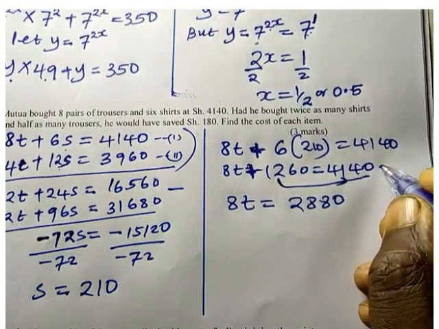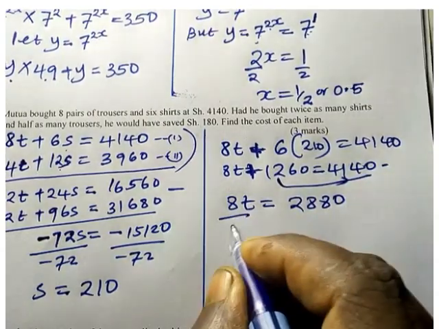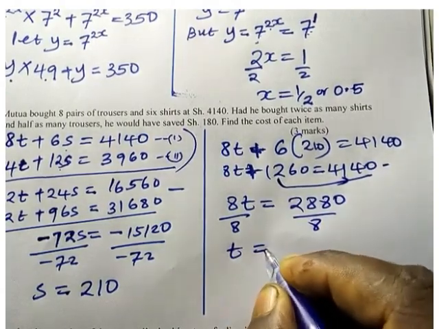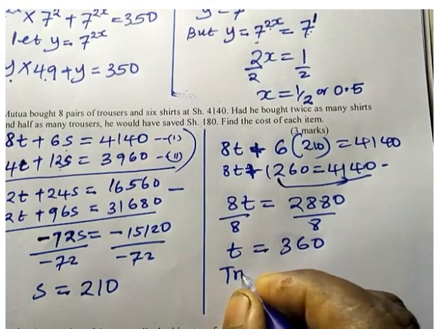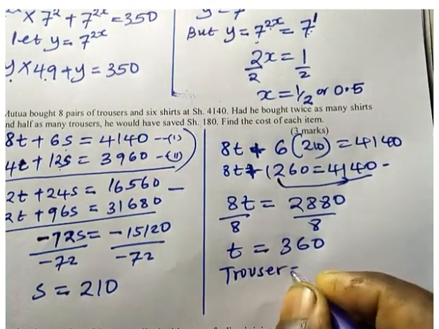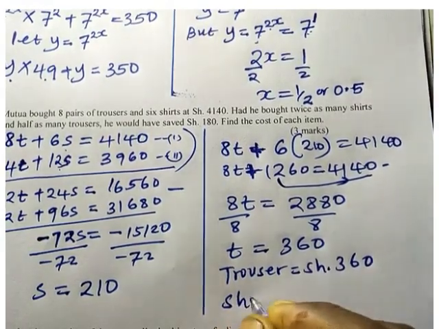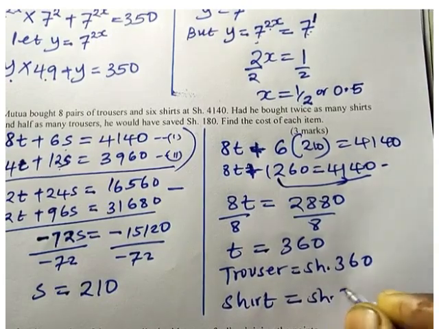When you get here you subtract, this crosses the equal sign. Now you divide by 80, divide by 80. So T is equal to 36, meaning that the trouser is bought at Kenya shillings 360 and the shirt is bought at Kenya shillings 210.